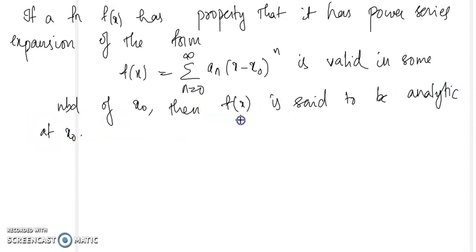So if a function is analytic at a point x naught, then it will have a power series expansion about that point.